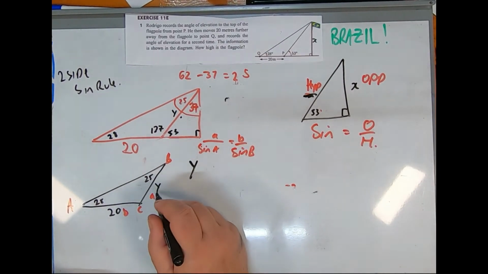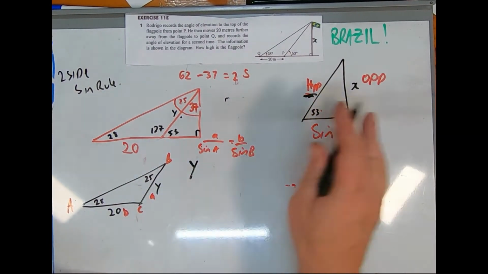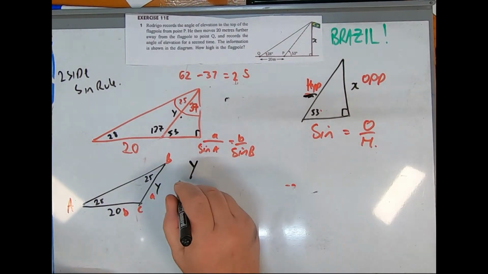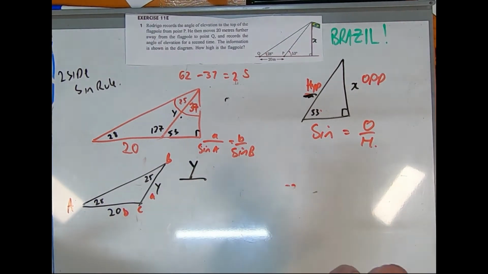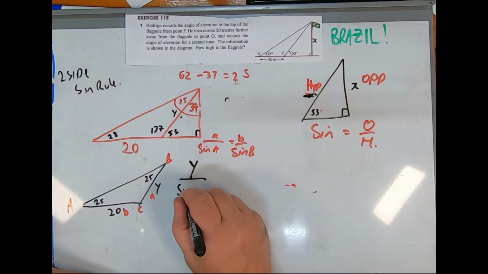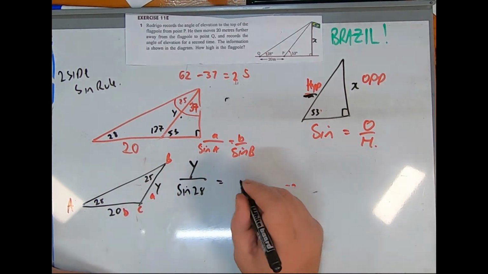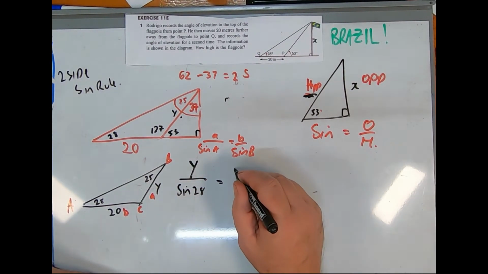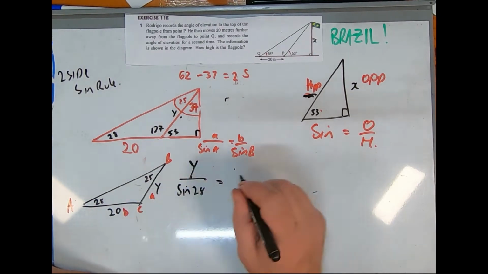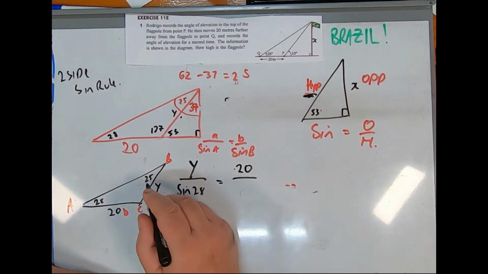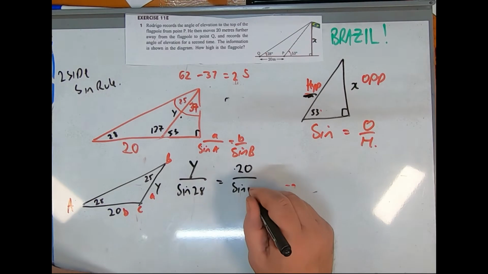So Y, I called it Y because I'm using an X over here. So I want to use the same letter in two places. So the next letter after X is Y. Sin 28 equals 20 over sin 25.